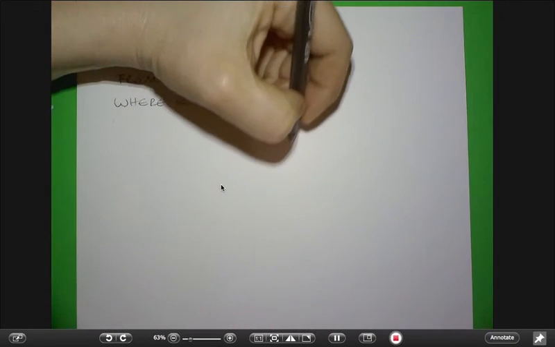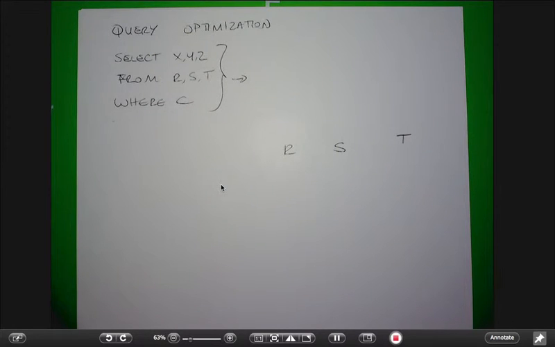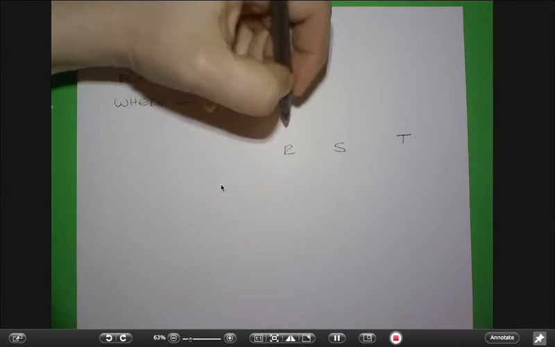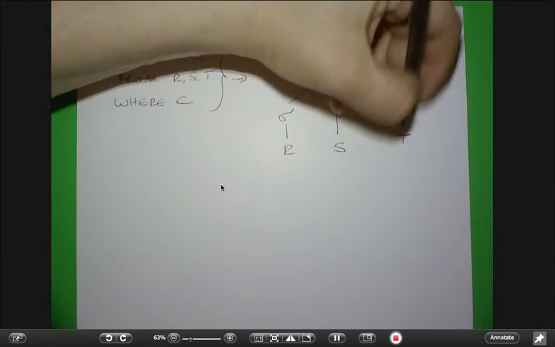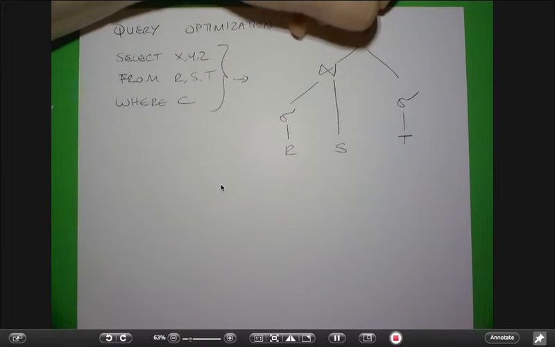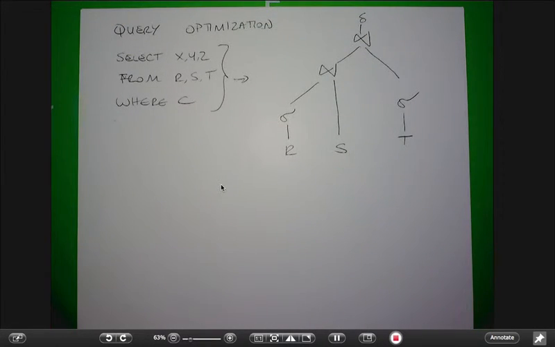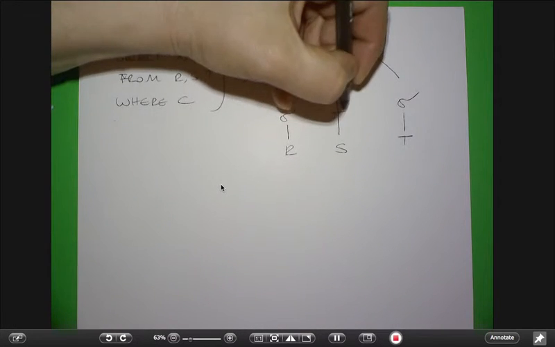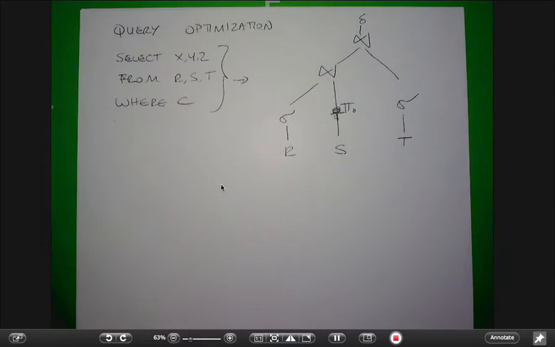The query plan is basically a tree where you have the relations in the leaf nodes. It's not necessarily a balanced tree. And you may have selections, joins, and other operators, such that the root is basically a correct answer to your query. And you may have projections here, and so on.